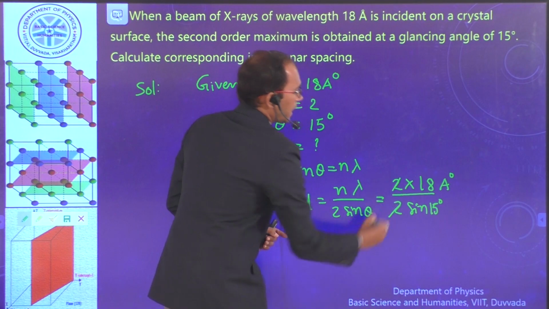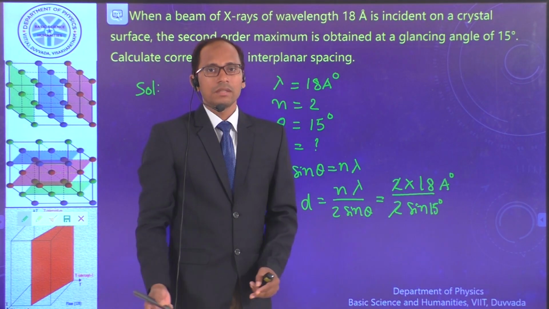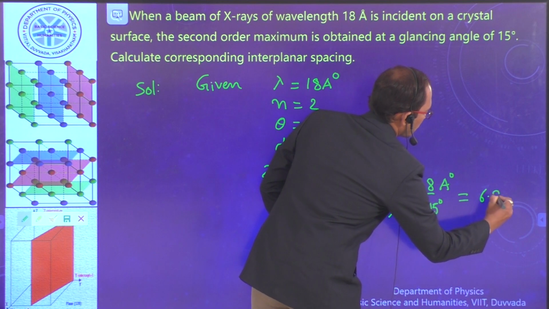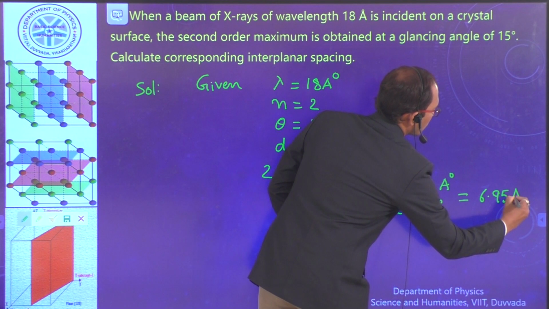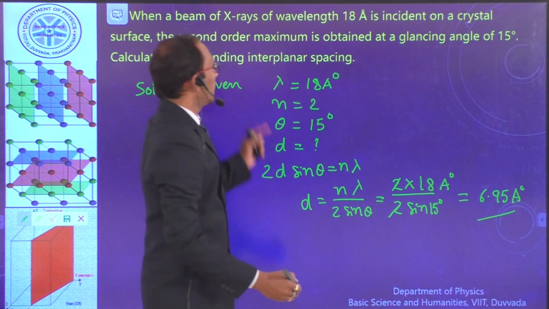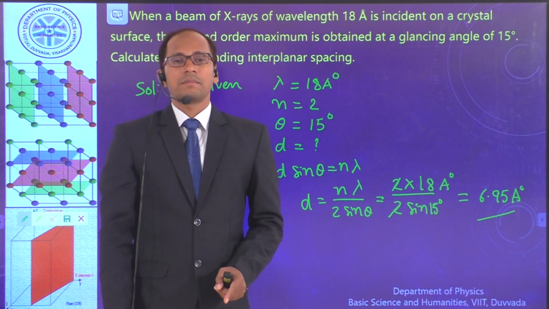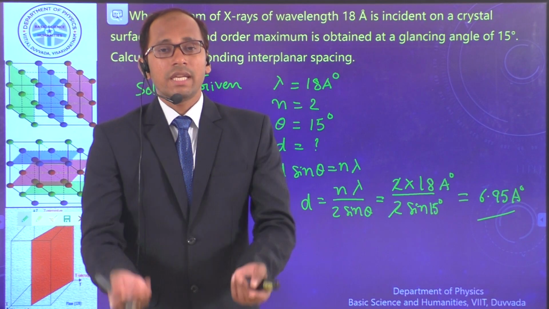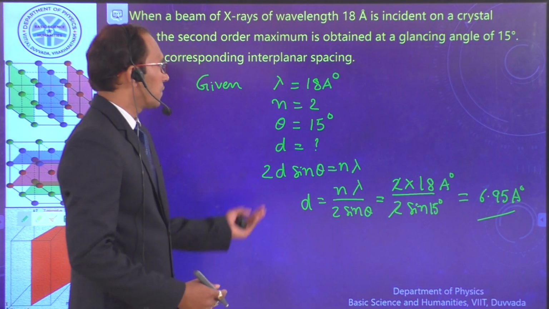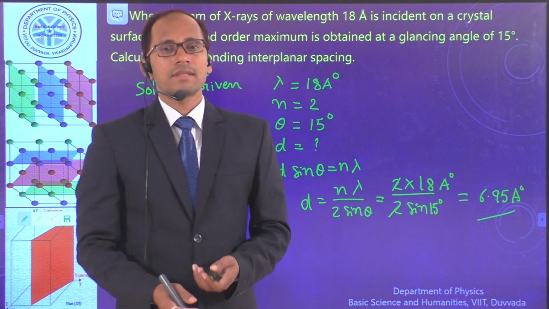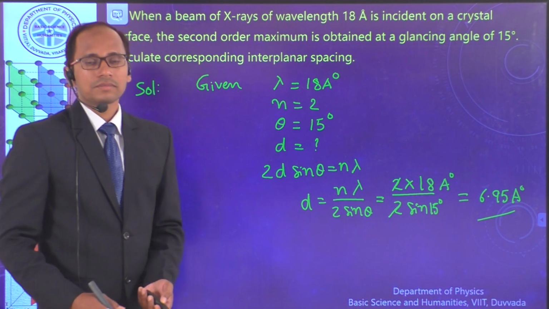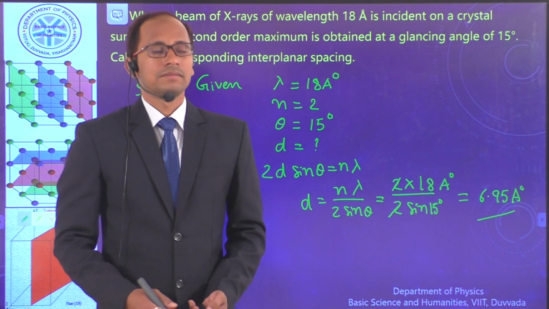The 2 will get cancelled, so 18 by sin 15. If you solve this, you will get 6.95 angstrom units. That means this is the interplanar spacing of this particular plane if 18 angstrom unit X-rays are incident at a 15 degree angle.